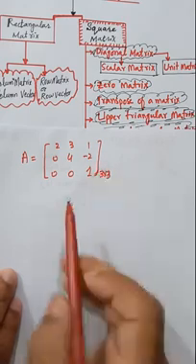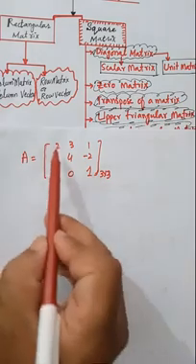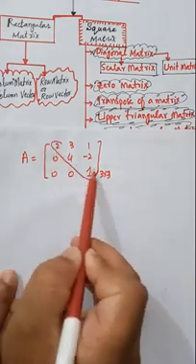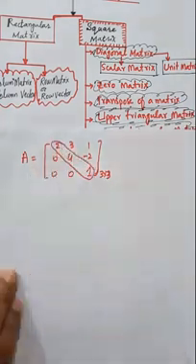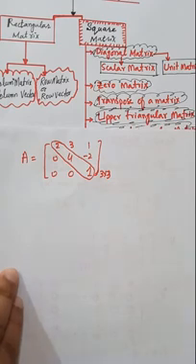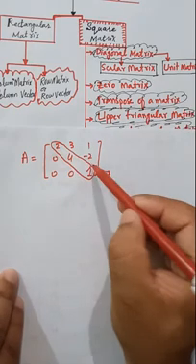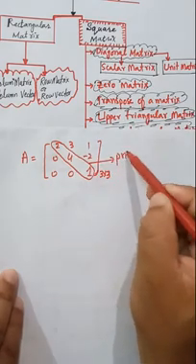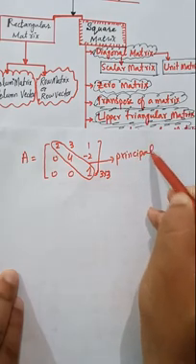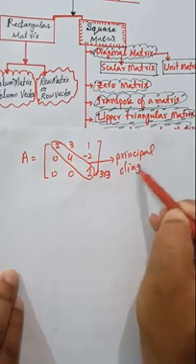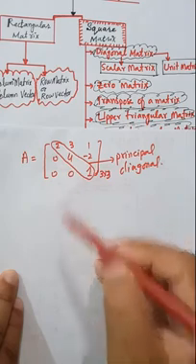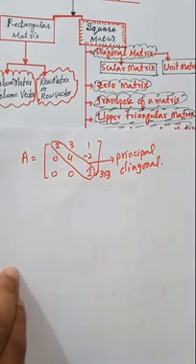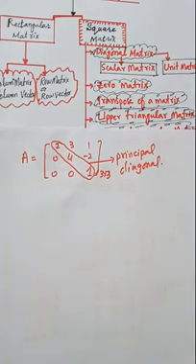In this square matrix, this is your principal diagonal. Now, below the principal diagonal, you clearly see that all the elements are 0. This is the principal diagonal, and below the principal diagonal all the elements in this square matrix are 0.